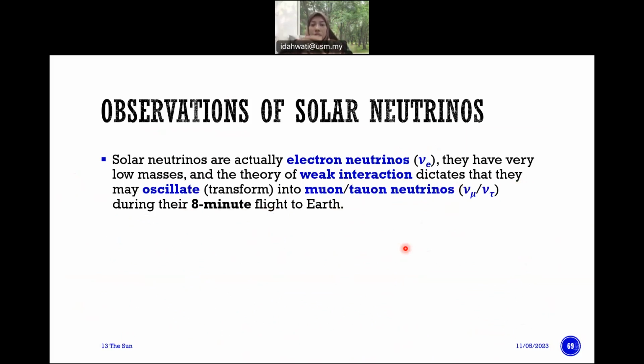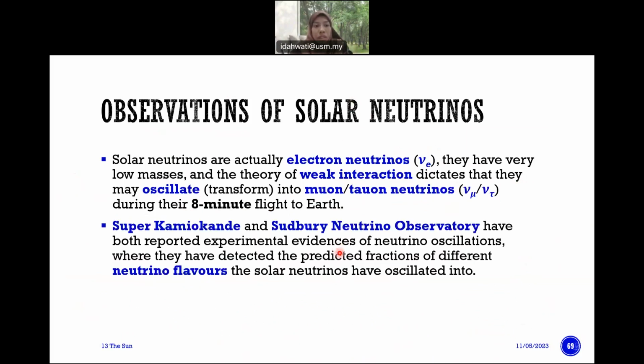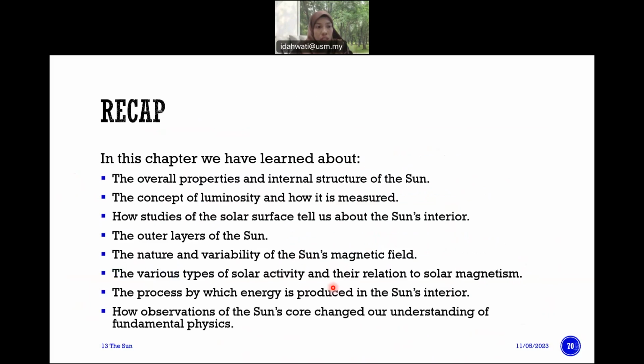It is called a muon neutrino after 8 minutes, when the particles arrive at the Earth. This is one person who conducted the observation of these neutrinos also. You can read this.